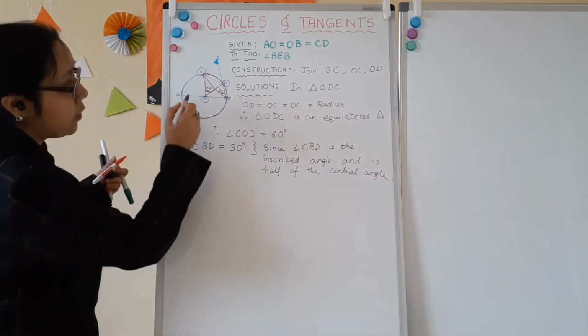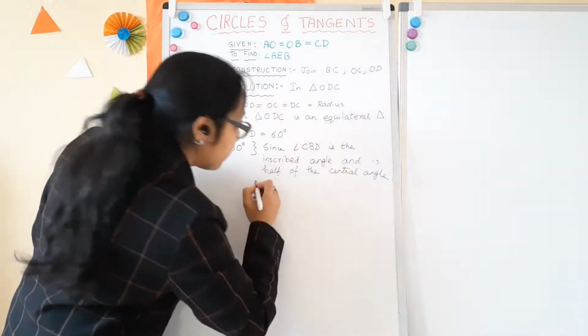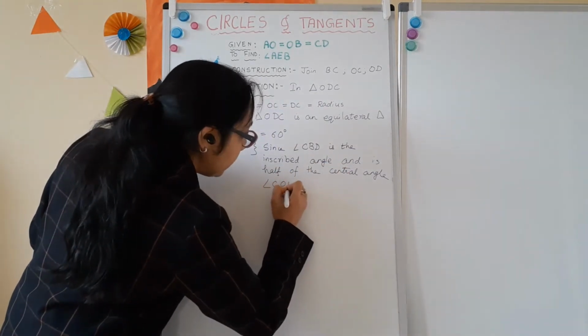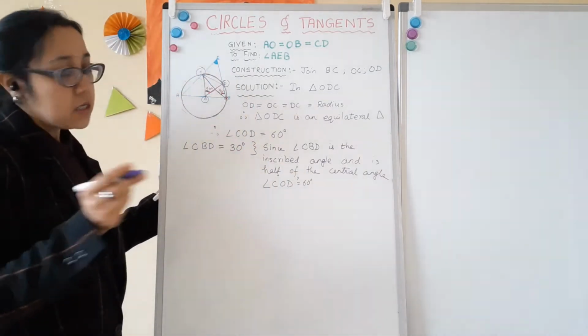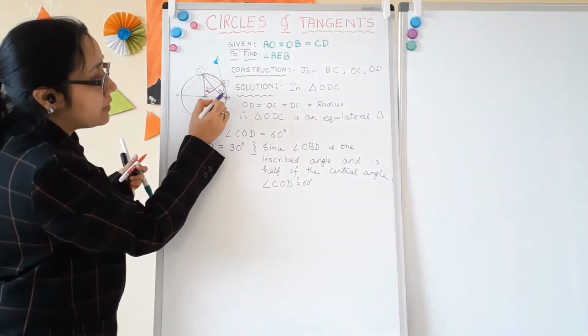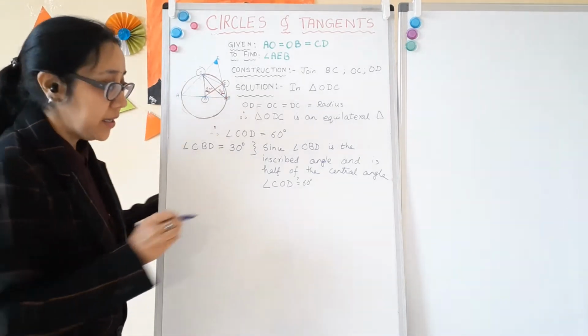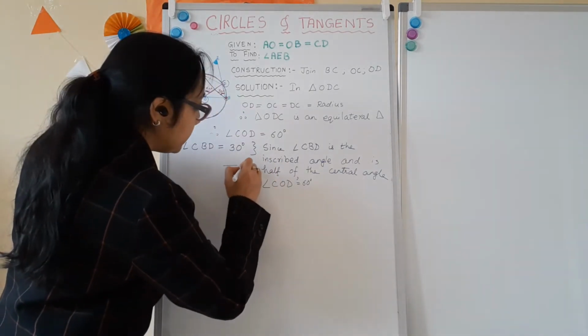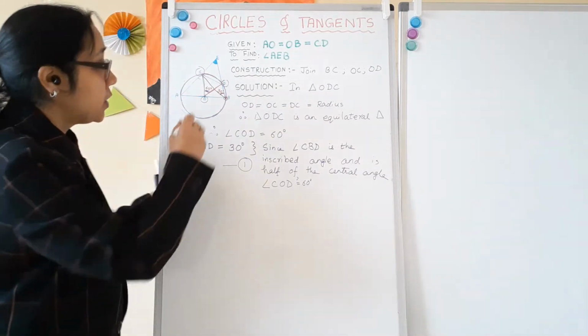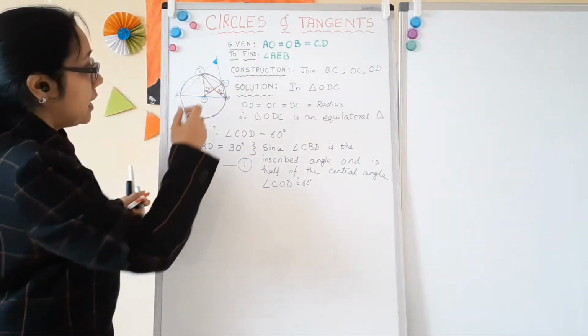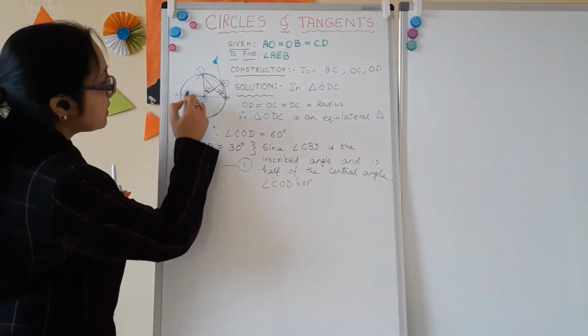It is angle COD, which is equal to 60 degrees. So we can conclude that we have found this angle as 30 degrees. Let's keep it in our mind. This is part 1, which we'll use in the future. Now, second thing, if you look here, this is a triangle.